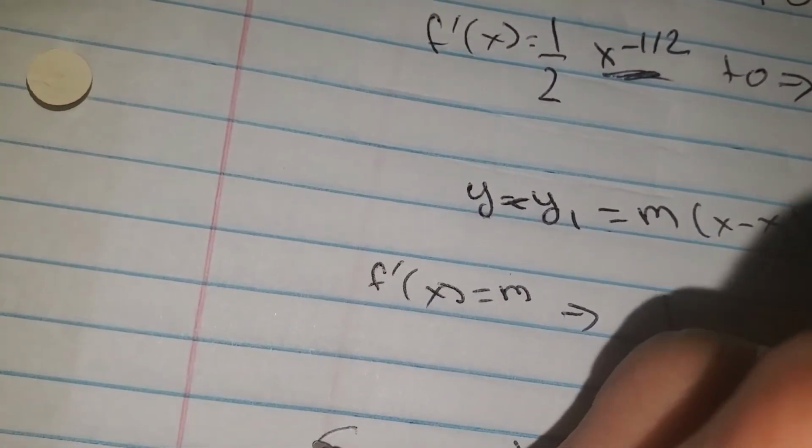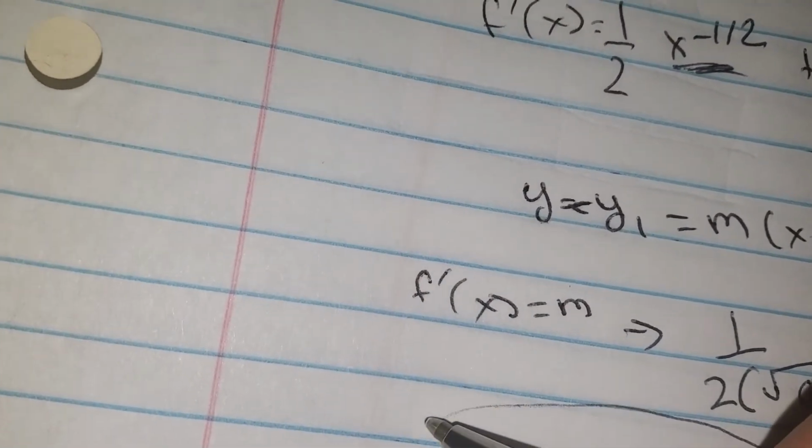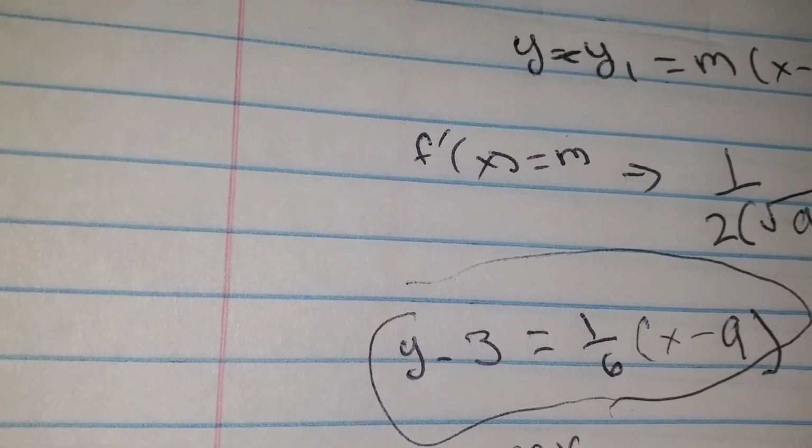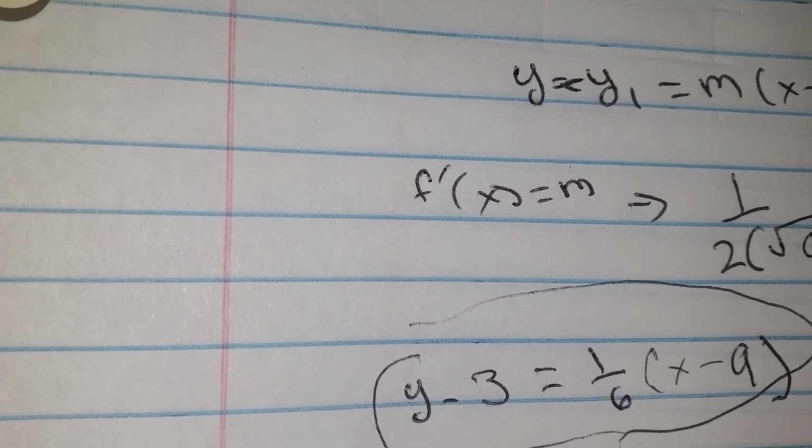You can leave it like this, or if you were to add 3 to both sides, you would write y is equal to 1/6 x minus 9 plus 3. And then you would just clean it up.